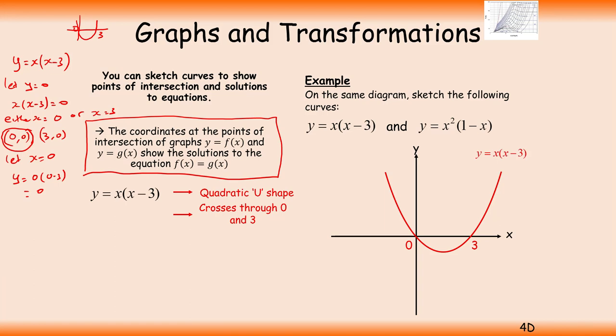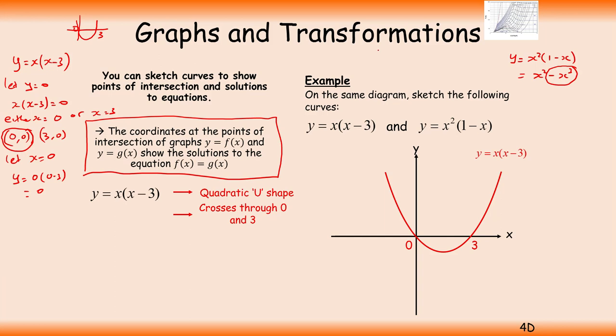Now we want to sketch the other curve on the same axes. We've got y is equal to x squared times (1 minus x). Just expanding it, that tells me I've got a cubic, x squared minus x cubed. So it's going to be a cubic curve, but it's negative x cubed.